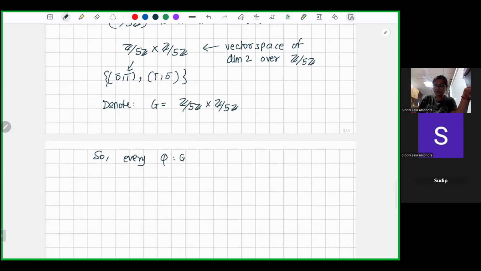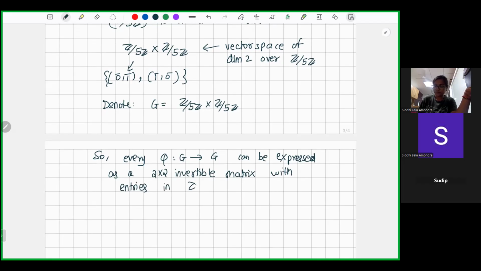Every phi from G to G can be expressed as a 2 cross 2 invertible matrix with entries in Z5, because we are looking at these maps as maps of vector spaces over the field Z5.